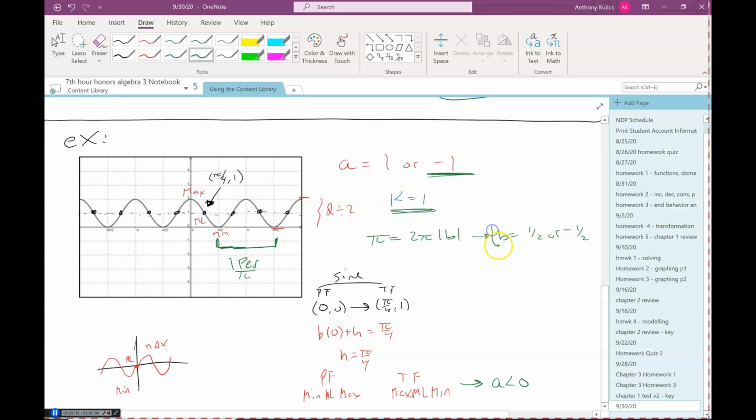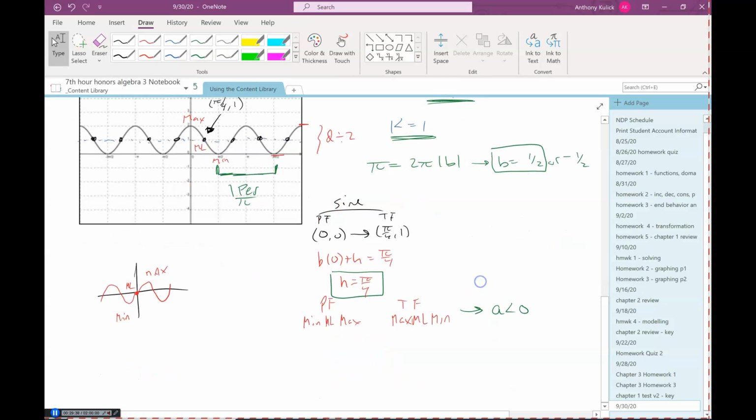Our k is this. We're always going to pick our b value to be the positive one for sines. There's no sense in trying to make it negative. You could, and you can get an answer out of that, but let's not. And we have our h. So if we put that together, we can say y equals negative 1 times sine of 1 over 1/2 times x minus pi over 4, plus 1.